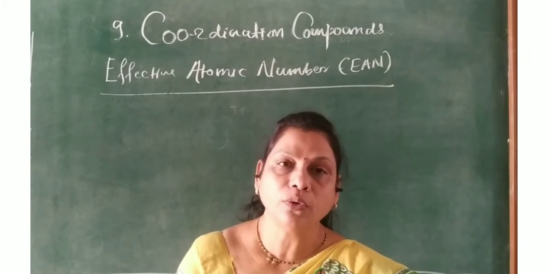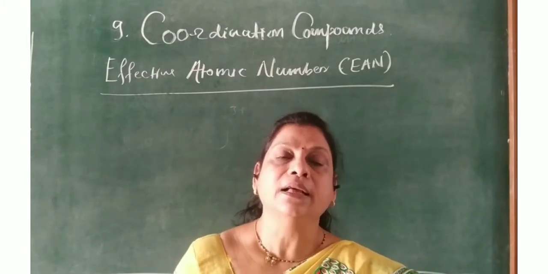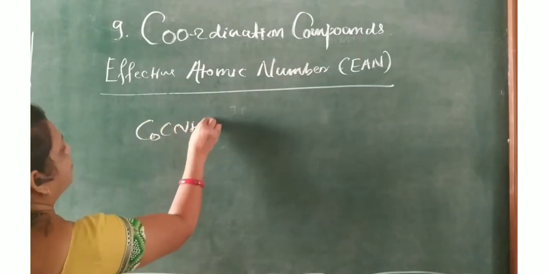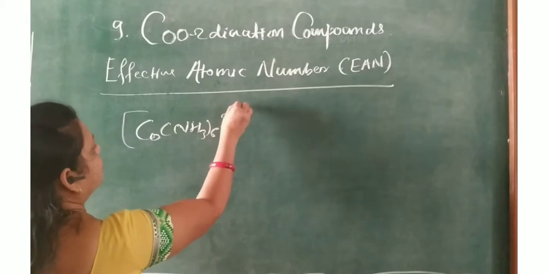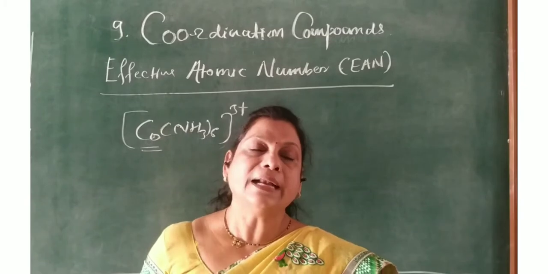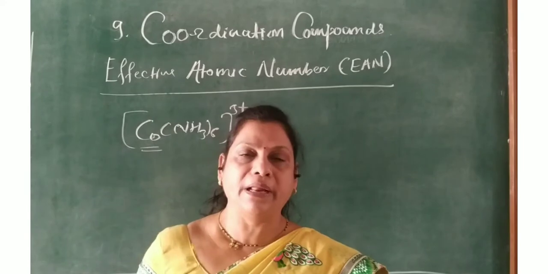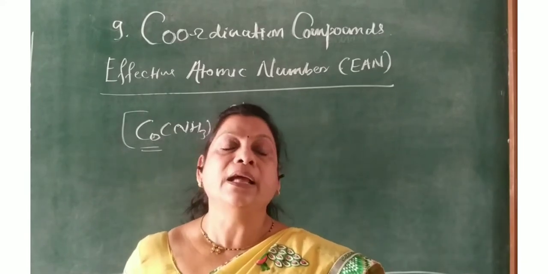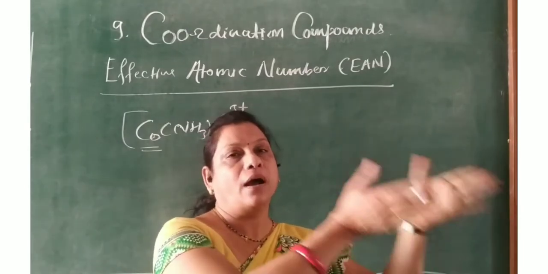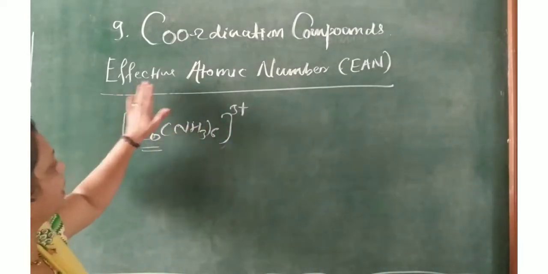The effective atomic number rule means that in a complex ion, for example Co(NH3)6, the cobalt is the central metal atom or ion, and it accepts pairs of electrons from the ligands and continues until it attains the electronic configuration of the corresponding noble gas element. That is called the effective atomic number rule.